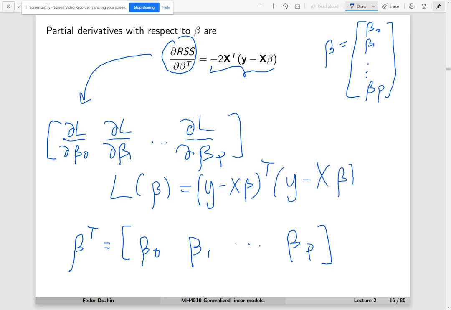But this is something like, it's not exactly, but it is something like y minus x beta squared. And when we differentiate it with respect to beta, we're going to get 2 times y minus x beta times the coefficient at beta, which is minus x. And this is what we get here.